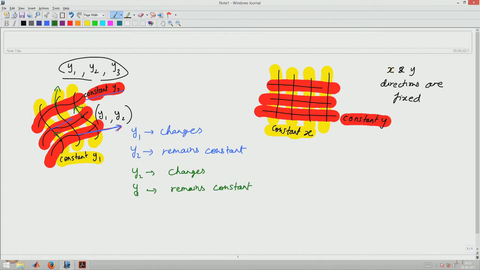Very similarly, we could also write here, for example, this is the direction along which x changes, y remains constant, and this is the direction along which y changes, but x remains constant.